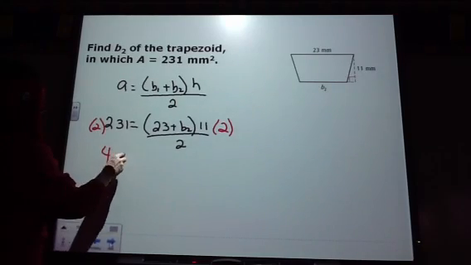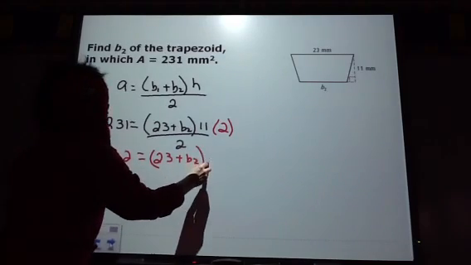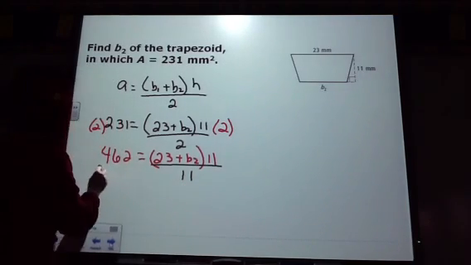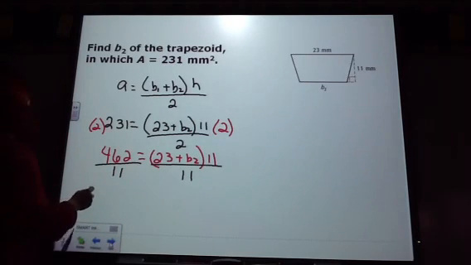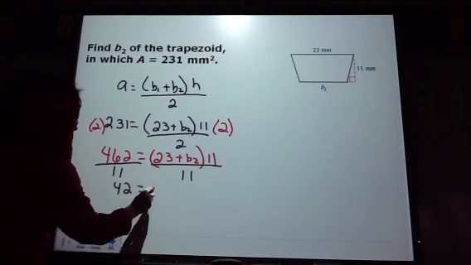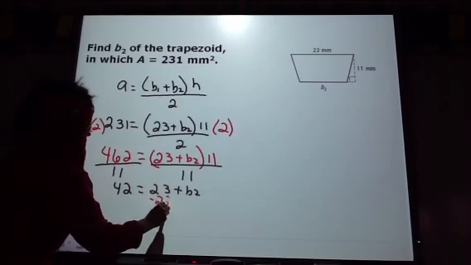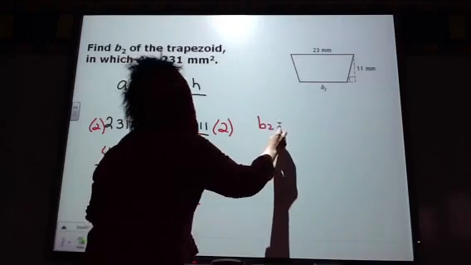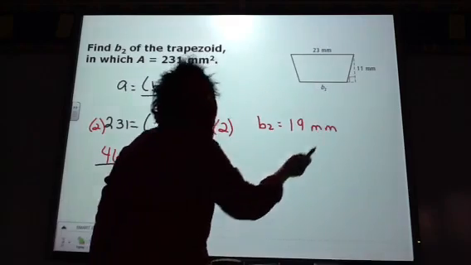So I have 462 equals 23 plus b2 times 11. Then I'm going to divide by 11. Or if you want to, you can use the distributive property. I think it's easier to divide by 11. So I get 42 equals 23 plus b2. And then I subtract 23 from both sides to isolate that b2. Therefore, our second base is going to give us a measurement of 19 millimeters.